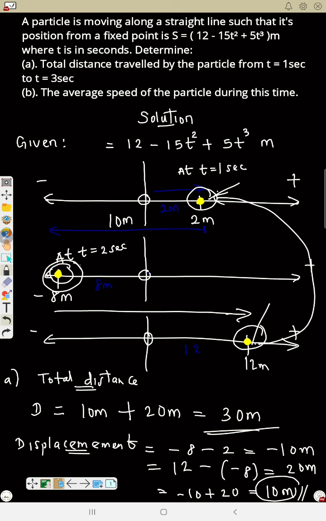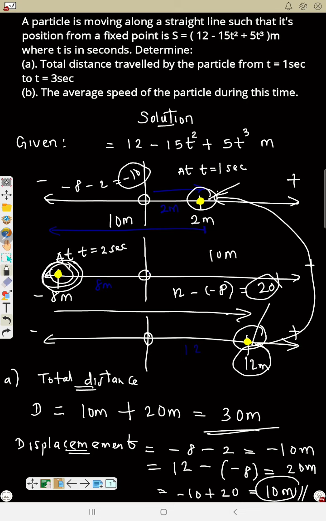For displacement, you can see it works fine. From here, final position -8 minus 2, that is -10, and also from this position again to this position, this is 12 minus -8, final position minus initial, which is 20. So -10 plus 20, that is 10. You can see now that displacement is final position minus initial. That is just direct. But if you still take direction into consideration, it will fall in the same result.